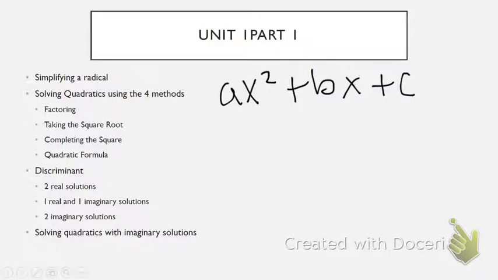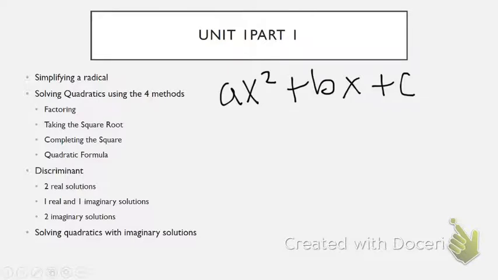Well, the quadratic formula is negative b plus or minus the square root of b squared minus 4ac all over 2a. Okay? That will be given to you on your final exam. However, I highly encourage you to know it. My students, you better know it. Okay? I expect you to know it. I want you to know it. Memorize it. Live and breathe that.